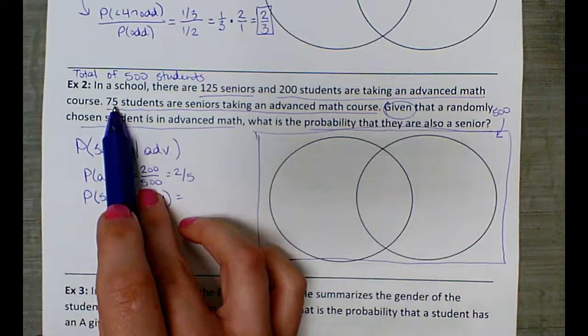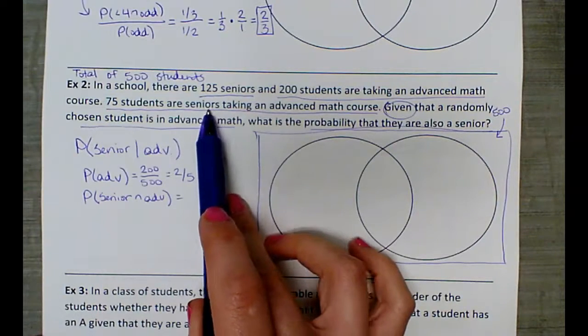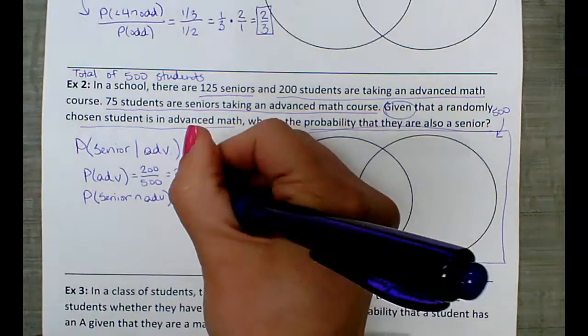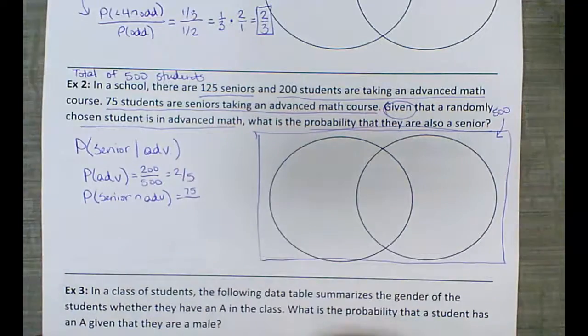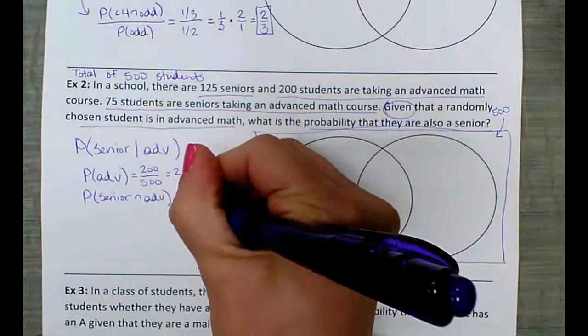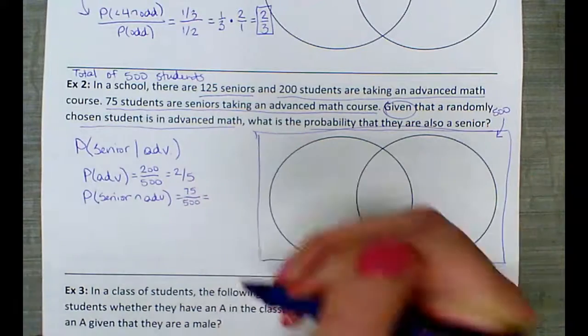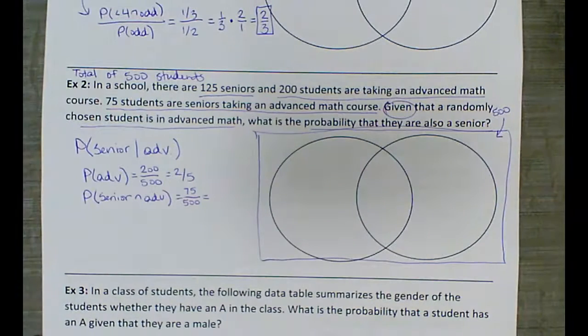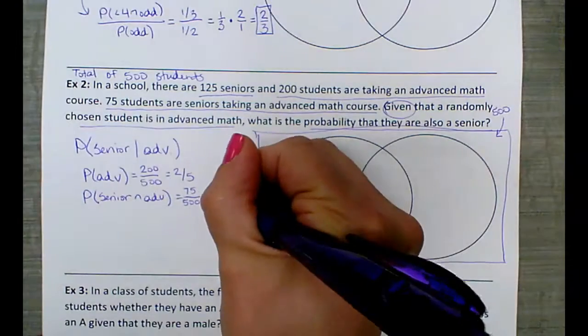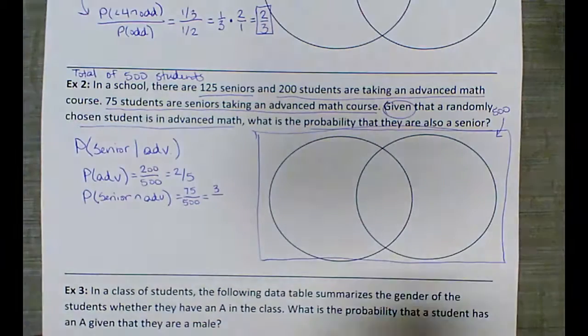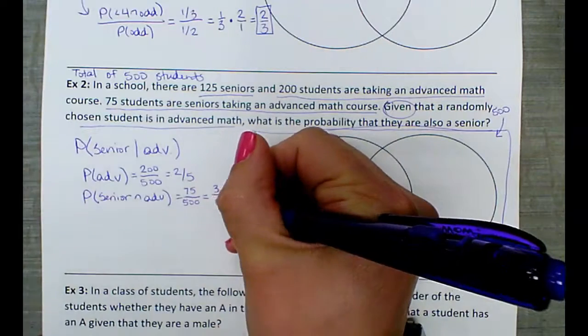So the 75 is the number that is both seniors and advanced math students. So 75 out of the total, which is 500. Both of these can be simplified by 25. Think about money and quarters. So 75 divided by 25 is 3. And 500 divided by 25 is, what is that, 20.